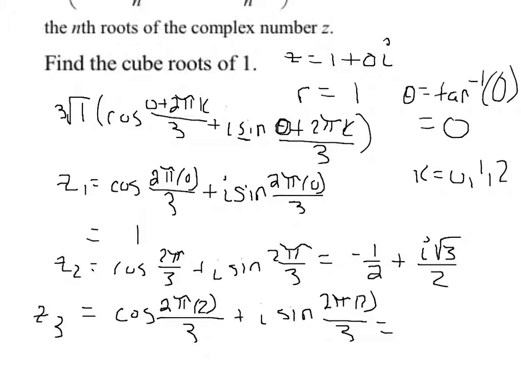Well, negative 1/2. What is the sine? And then the sine of 4 pi over 3 is negative square root 3 over 2, times i. Okay? So there we go. See you guys tomorrow.